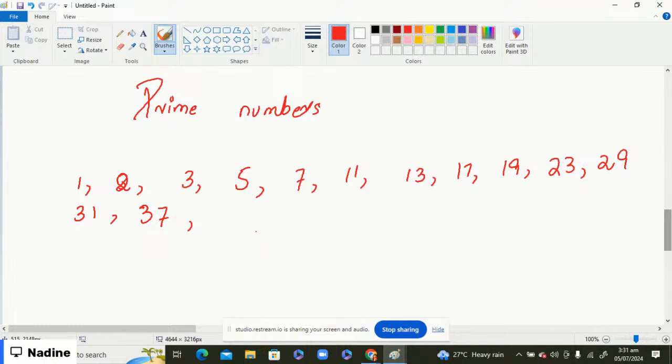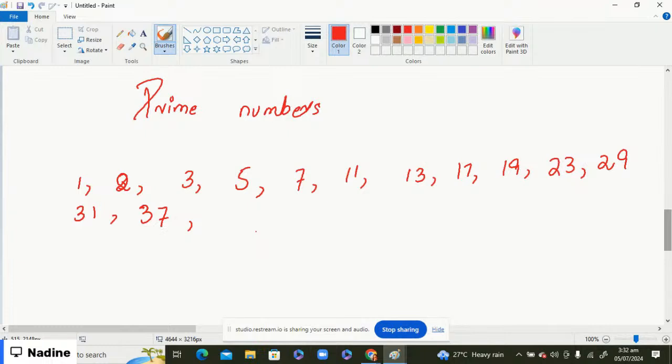And now, what are the composite numbers? Let me write it down. Composite numbers are positive integers, other than 1 or itself, a number that is not prime.